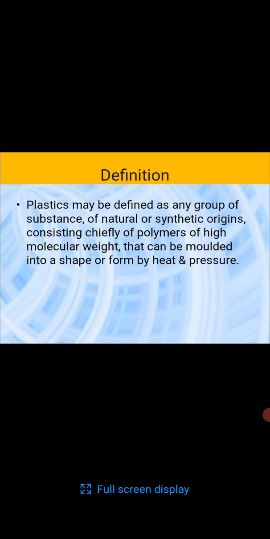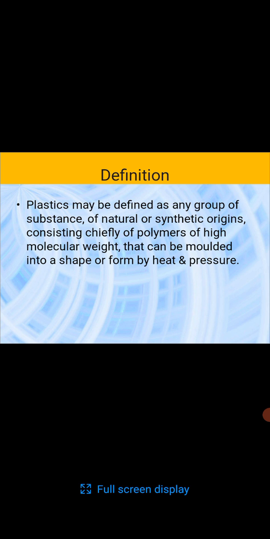So, plastic may be defined as any group of substances of natural or synthetic origin consisting chiefly of polymers of high molecular weight that can be molded into a shape or form by heat and pressure.